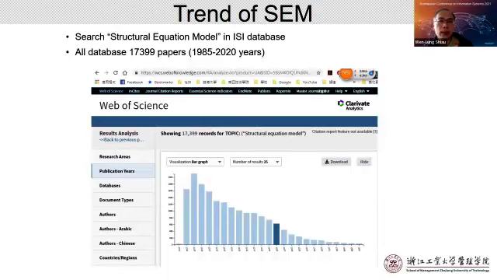I also hear that SEM is not popular now, and the answer is no. I went into the ISI database and searched from 1985 to the 2020s. You will see that there are 70,399 papers and they also increase every year. So SEM is still popular, not only in the IS field, but also in other fields.